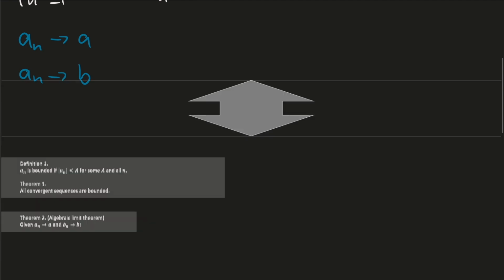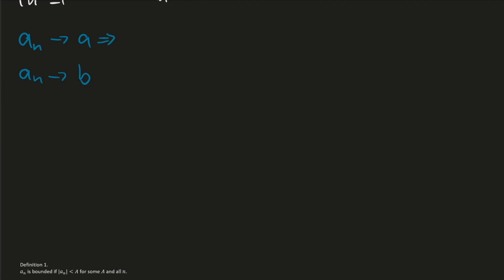So rewriting our definition of convergence, that means that |a_n - A| is less than epsilon for all n being greater than capital N, where epsilon is arbitrary and N is determined from it.